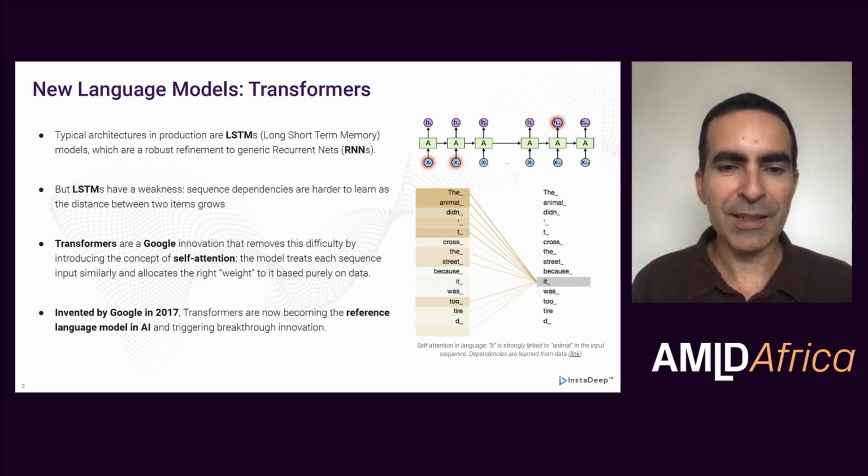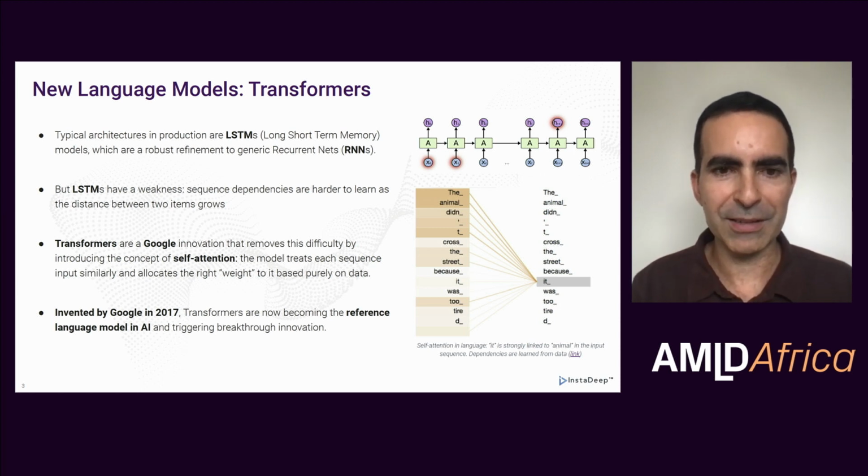With transformers and the notion of self-attention, you don't have this problem. The idea is that every token or every element in the sentence is going to be directly connected to all the others. And this creates the notion of self-attention. In a purely data-driven way, you can relate a particular element to others.